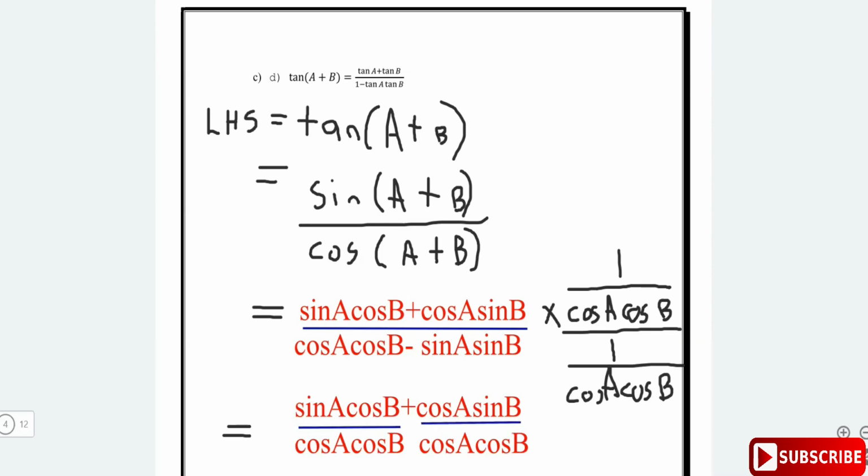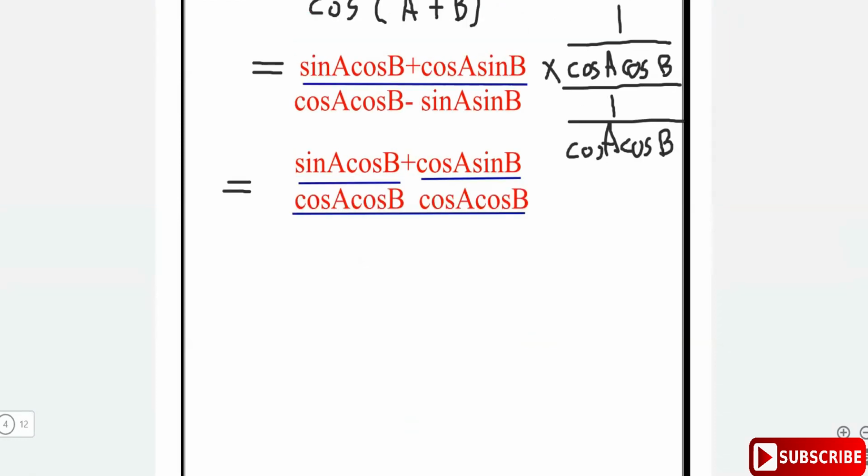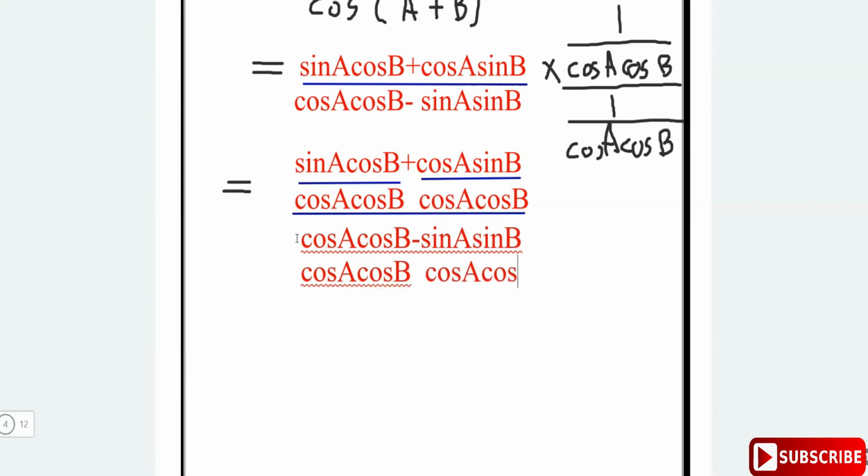Then for the denominator division, we have cos A cos B minus sine A sine B, also divided by cos A cos B.